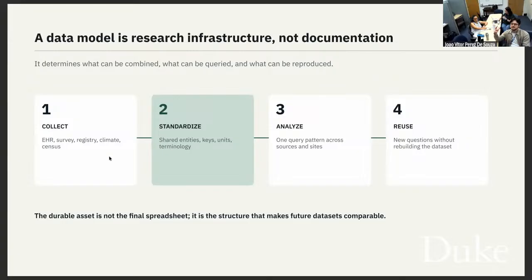Then you analyze, and you want this to be reusable, right? So a data model helps you standardize all of this into clear definitions for your data, clear interoperability between different studies, and maybe eventually different research questions, and then allows you to reuse the same query over and over again without needing to create new ones.